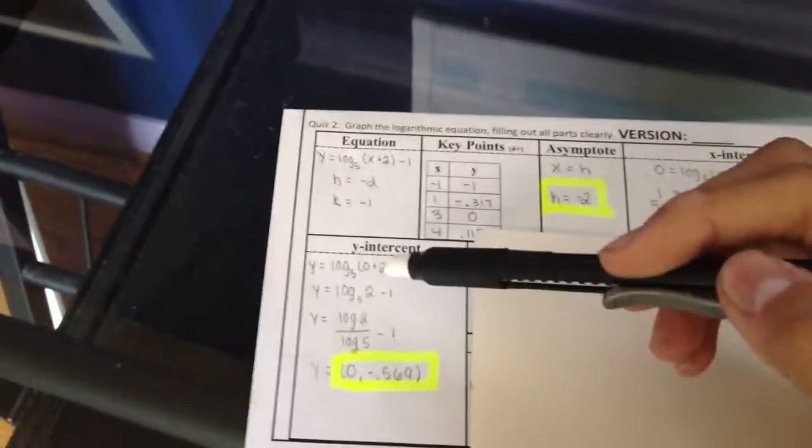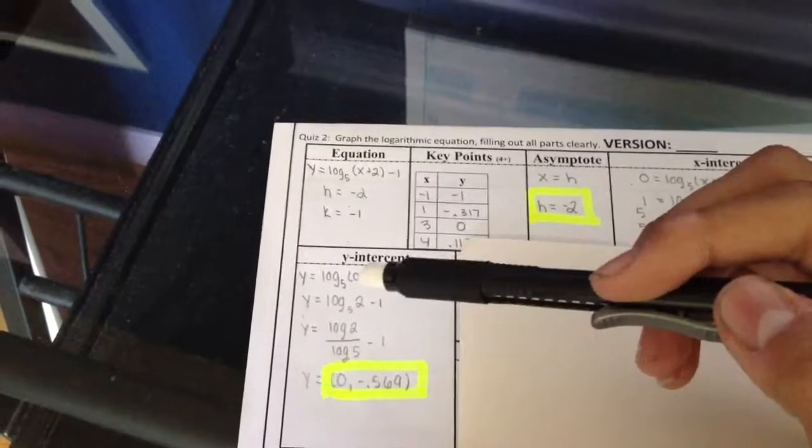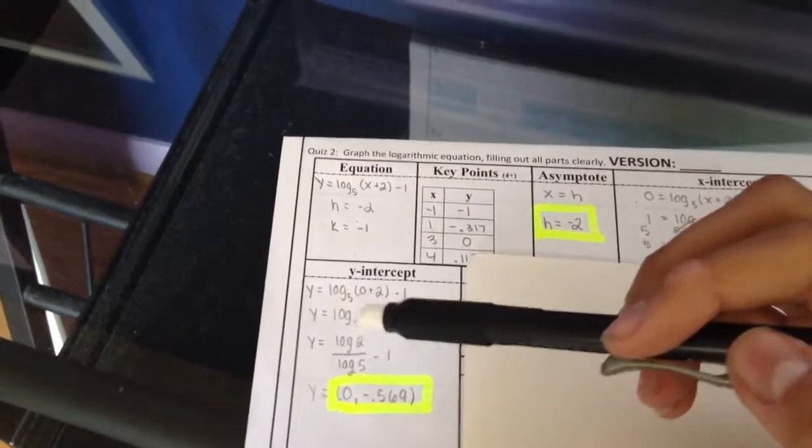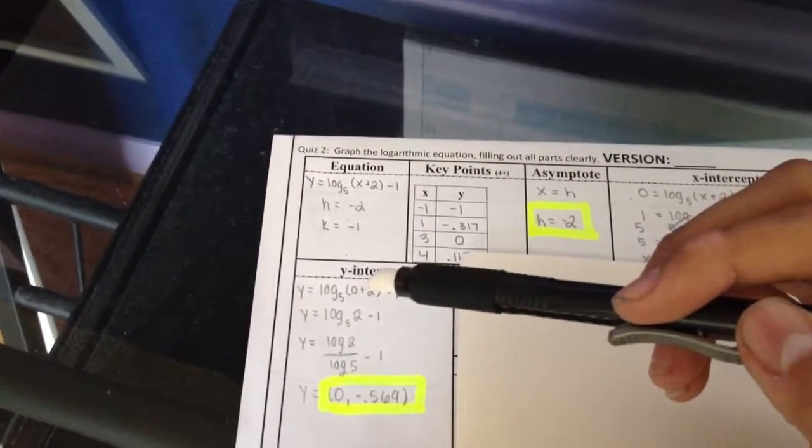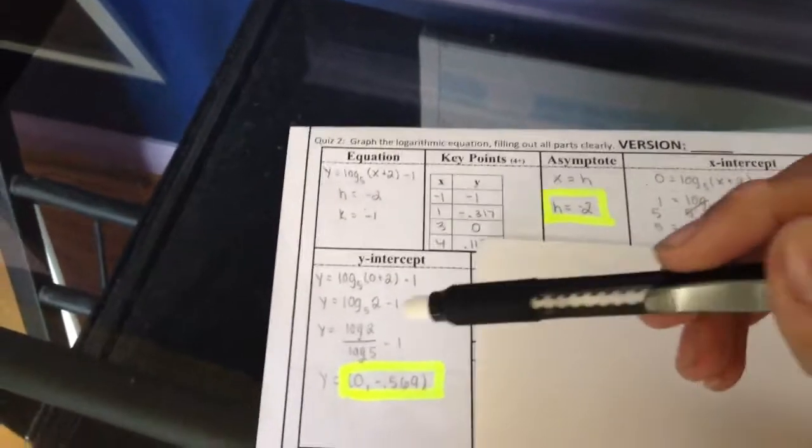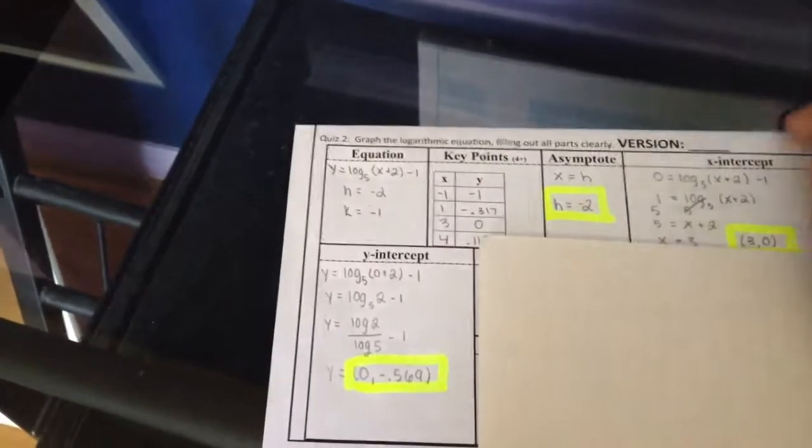Next, for the y-intercept, we're going to substitute 0 for x, as I did right here, and that gave us log base 5 of 2, minus 1. And since we can't do that directly, we have to use the change of base formula and plug that into our calculator.